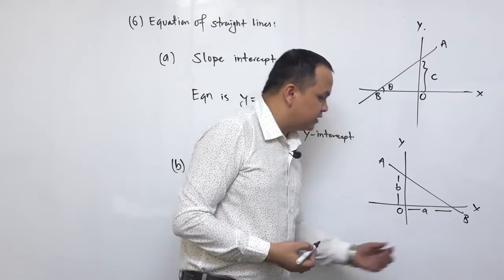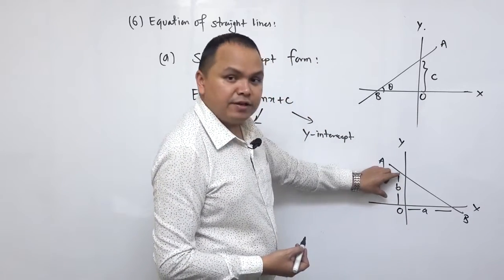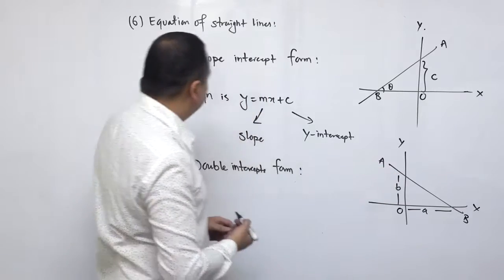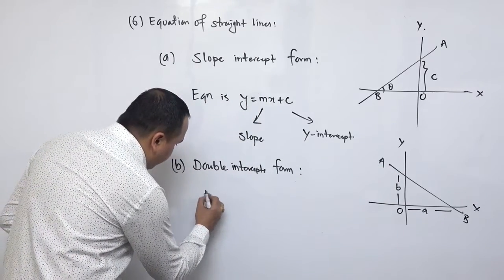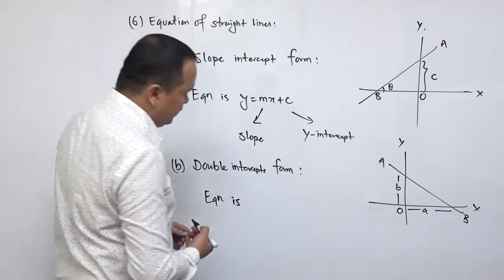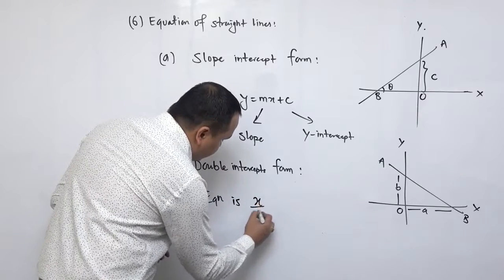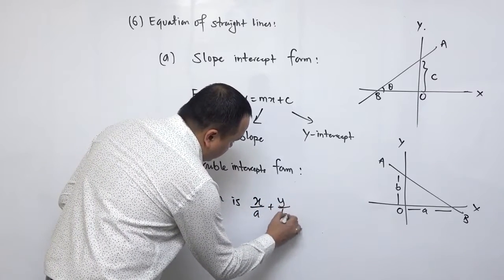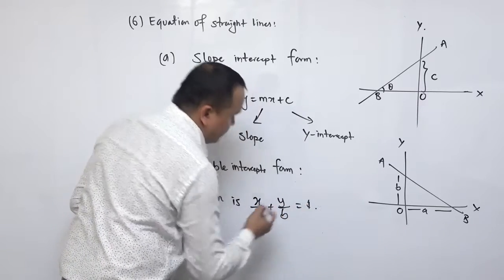So the x-intercept is a and the y-intercept is b. Then the equation in double intercept form is x by a plus y by b is equal to 1.